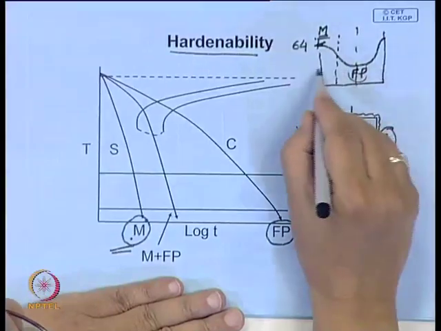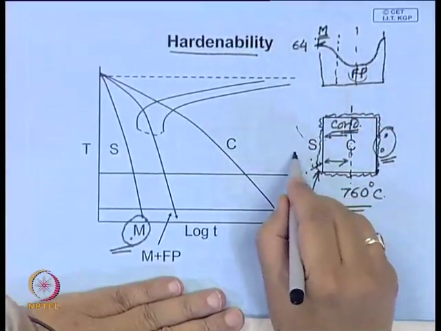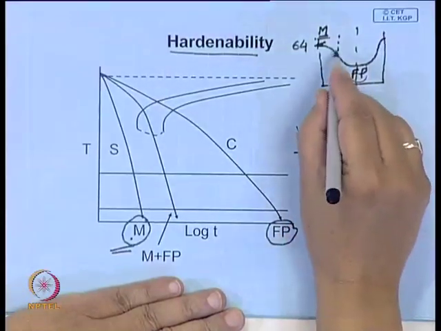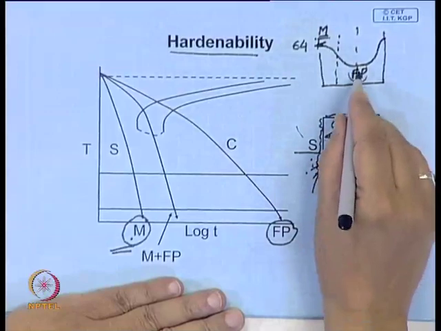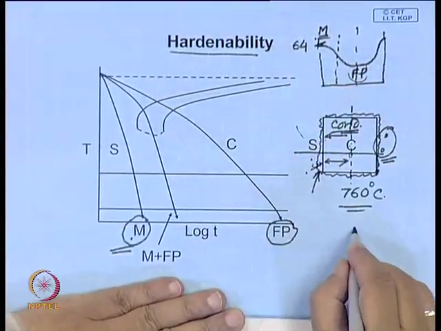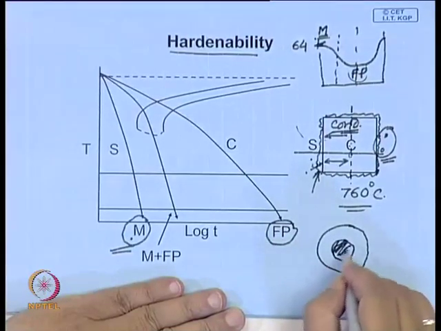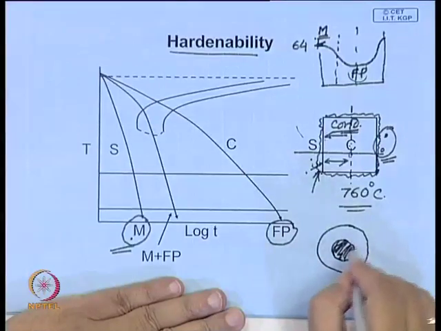And if after quenching you take a section and develop the microstructure, this demarcation is very easy, because martensite is difficult to etch. So what you will find is that the center portion will etch. So this will become dark, this is bright.